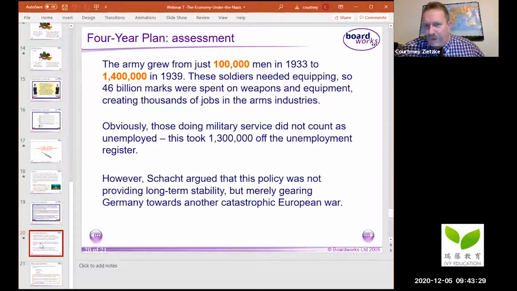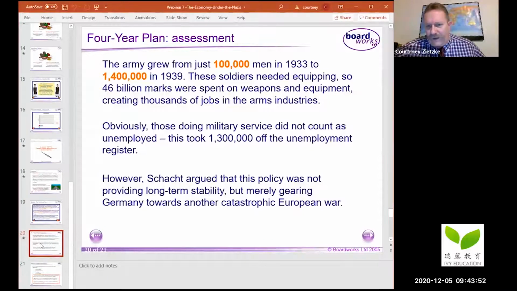These soldiers needed equipping, so 46 billion marks were spent on weapons and equipment, creating thousands of jobs in the arms and manufacturing industries. Obviously, those doing military service did not count as unemployed, and this took 1.3 million off the unemployment register. Interesting.